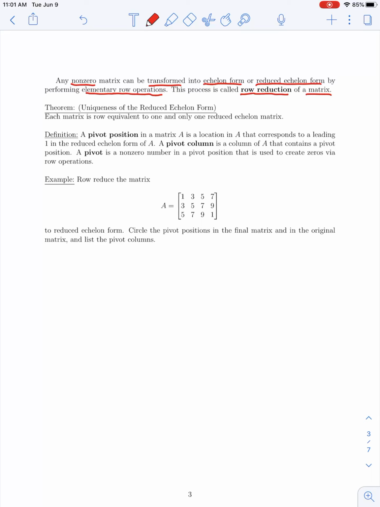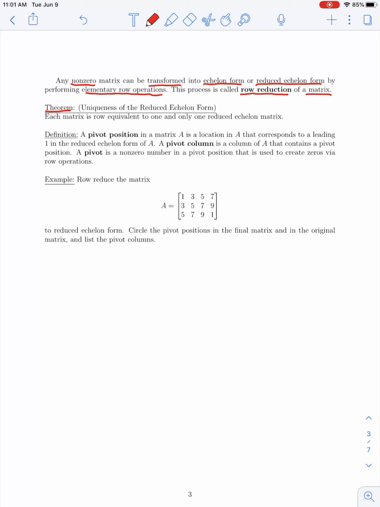And what we will find, we'll see pretty easily from our next example, is that any non-zero matrix can be transformed into several different echelon forms. In fact, infinitely many different echelon forms. But if we transform a given matrix into a reduced echelon form, then that form is unique for that matrix.